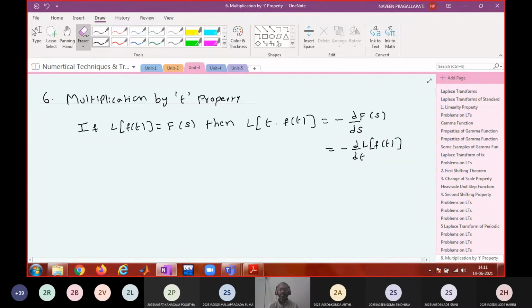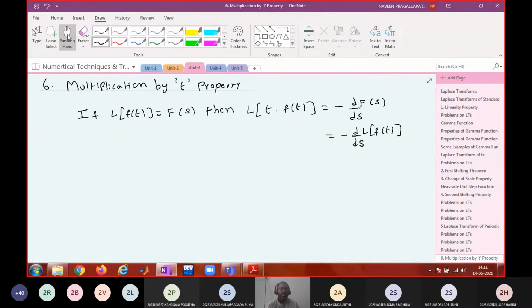Sorry, minus d by ds. So what the theorem says, whenever f of t is multiplied with t, then you just take the Laplace of f of t, differentiate that with respect to s and multiply with minus 1. So we'll see the proof now.